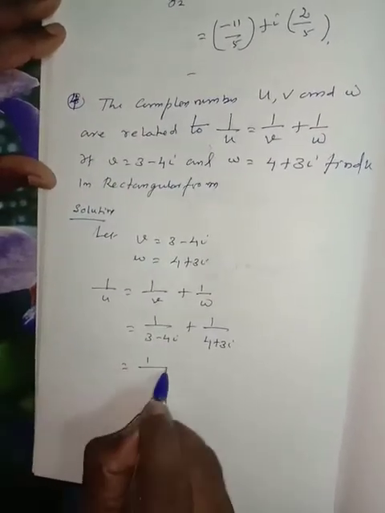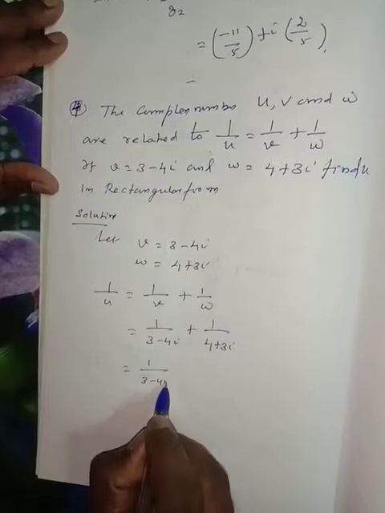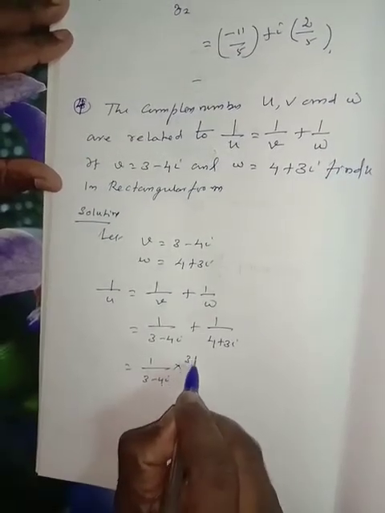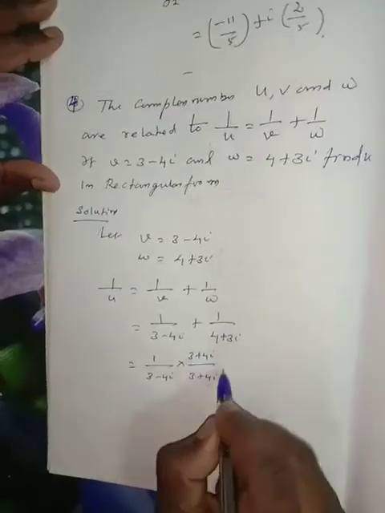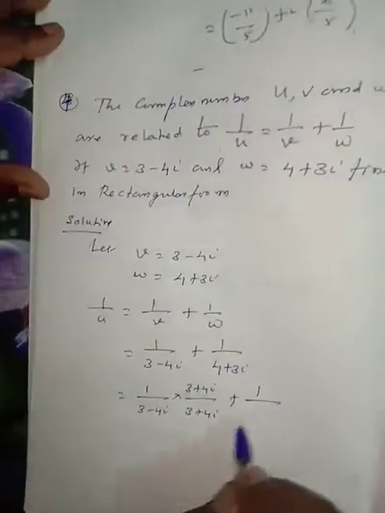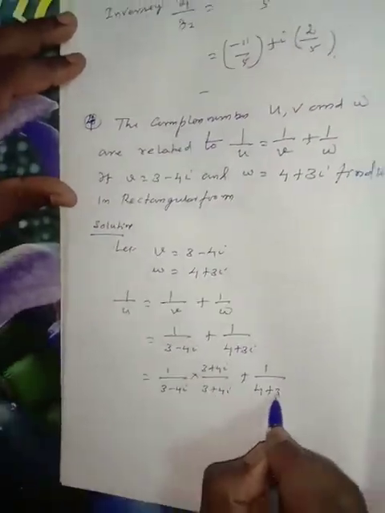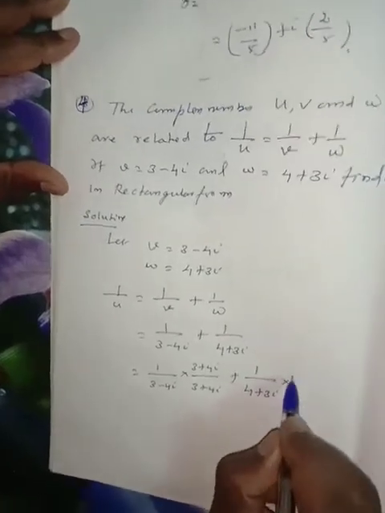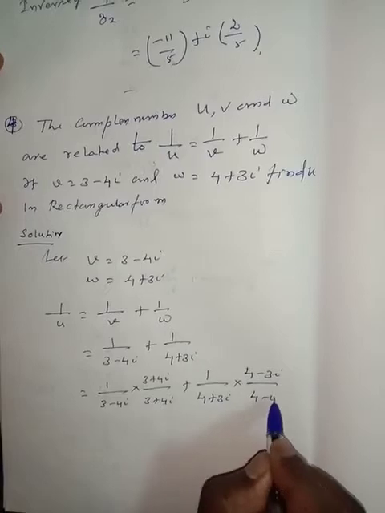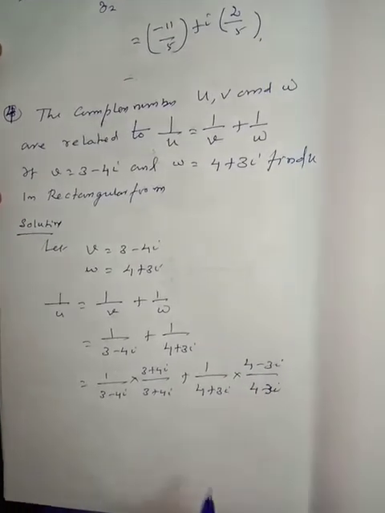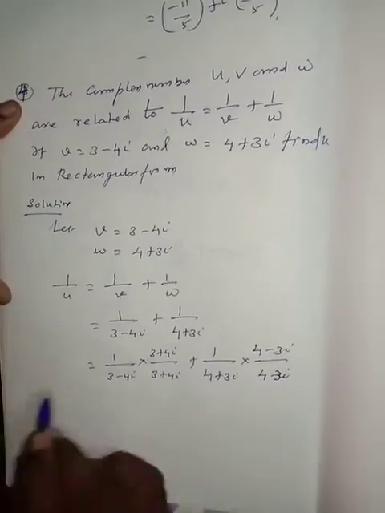So 1 by 3 minus 4i into 3 plus 4i divided by 3 plus 4i, plus 1 by 4 plus 3i into 4 minus 3i divided by 4 minus 3i. Multiply numerator and denominator by the denominator's conjugate.